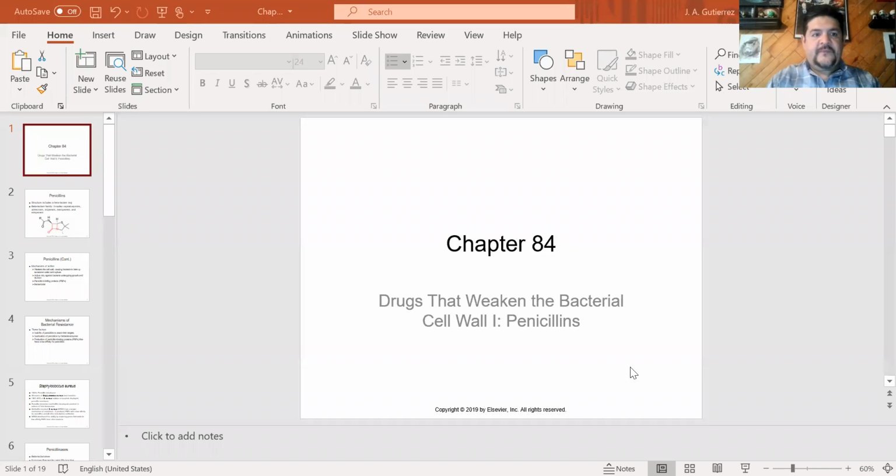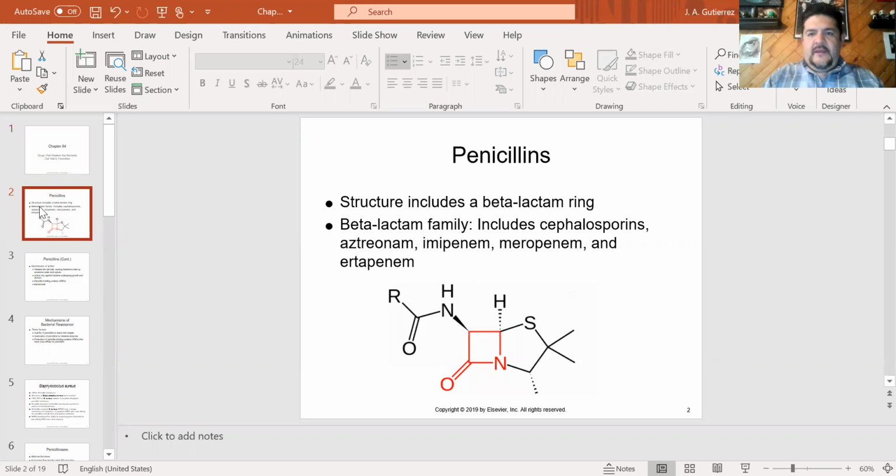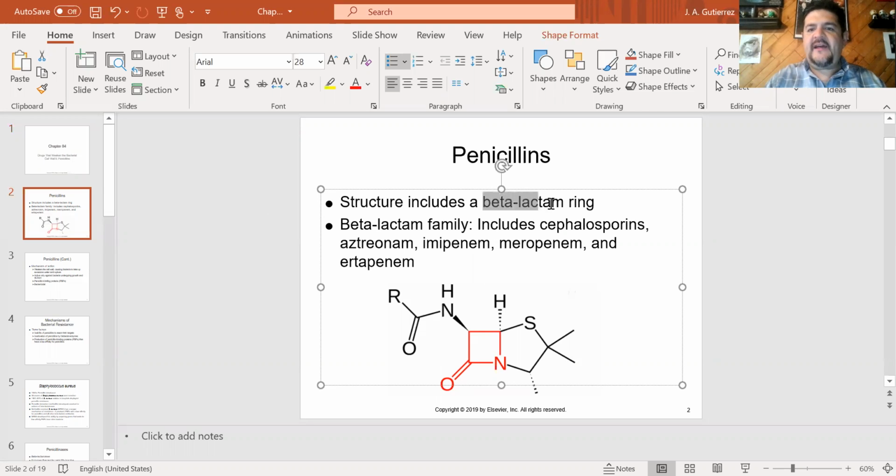Okay, here we are. So the highlight of penicillins is a drug that breaks down the wall of bacteria. Keywords regarding mechanism of action or description of penicillins is that they have a beta-lactam ring. This is the part that attaches to bacteria and is able to take apart the bacterial wall.